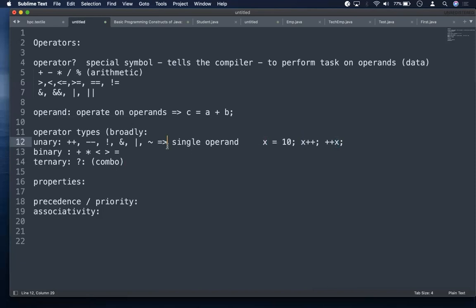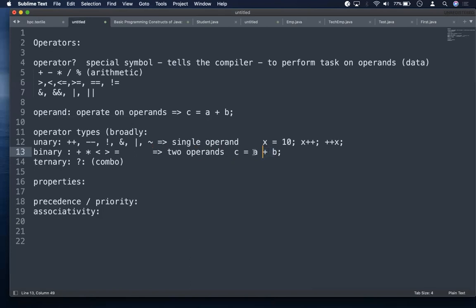Then what about the binary operators? Binary operators work with 2 operands. Binary means 2, right? As an example, c equal to a plus b. First you consider a plus b.